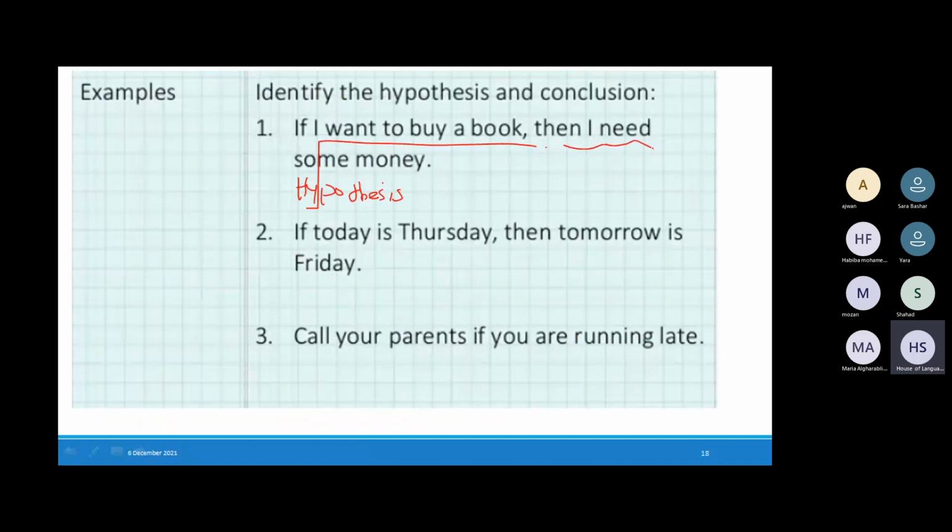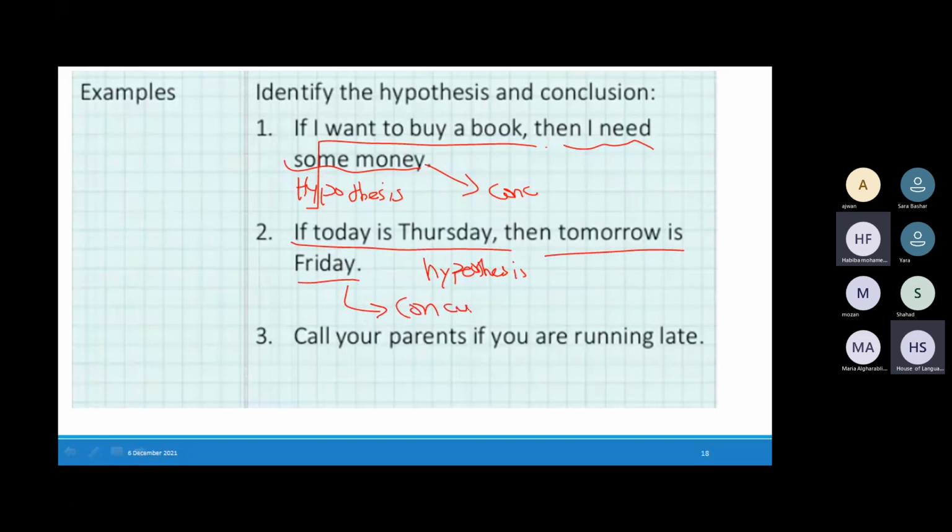I need some money. This is the conclusion. If today is Thursday, then tomorrow is Friday. I know it's true. Where's the hypothesis? If today is Thursday is the hypothesis, and tomorrow is Friday is the conclusion.